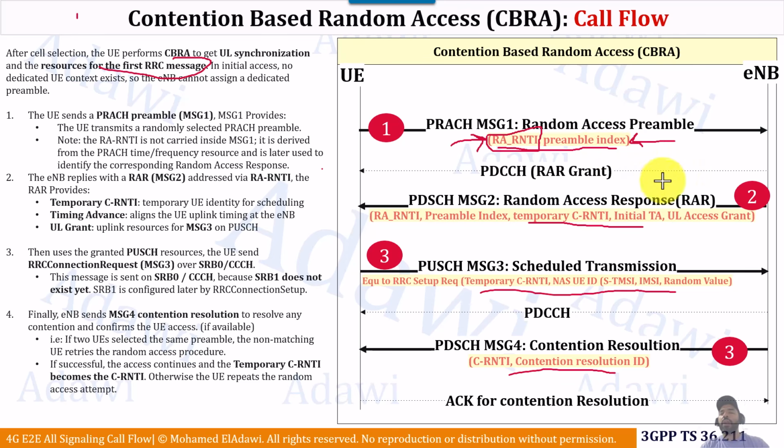It's mainly used to identify the user within the random access response. So this is the information. Usually you will find there is a grant message coming, on the PDCCH, sent by the eNodeB to the user.